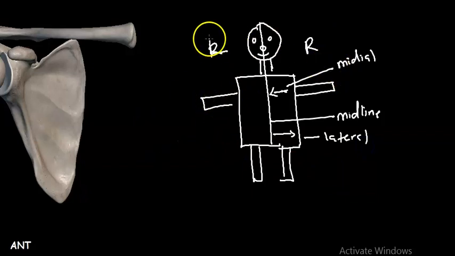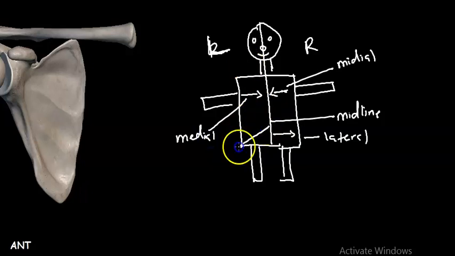Same thing with the left hand side. Since here we have the midline, if something is coming toward the midline, we call it medial. And if we have anything that is going away from the midline, we call it lateral.